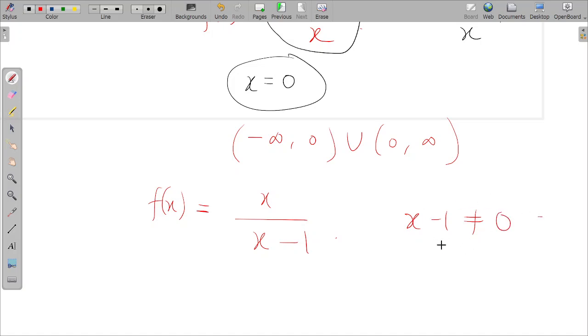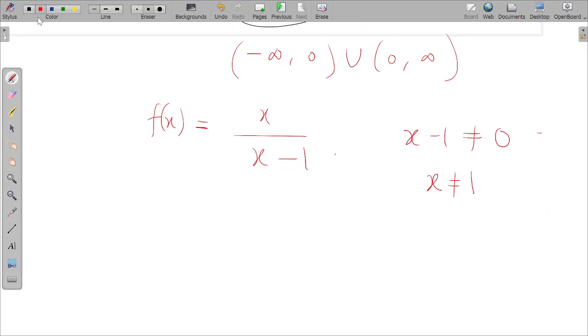By the time we solve this, we get x equals 1, which means we cannot have x equals 1, because when x is 1 here, it makes the denominator 0. So the domain of this function is negative infinity to 1, union 1 to infinity. We're just avoiding the denominator being 0.